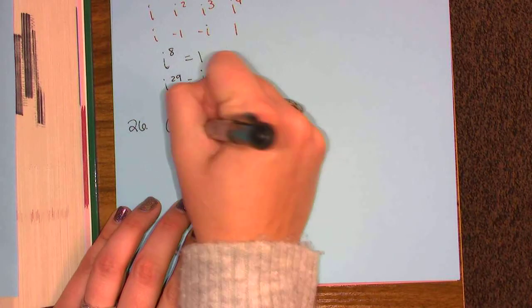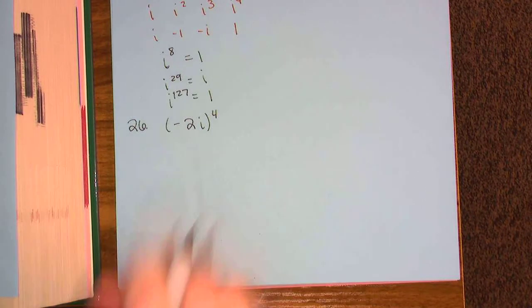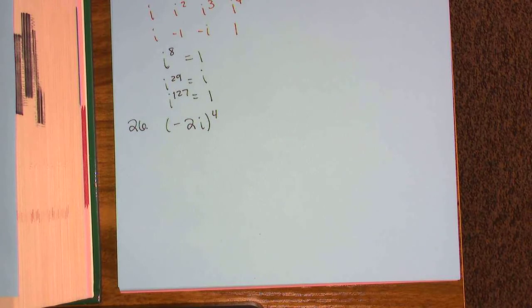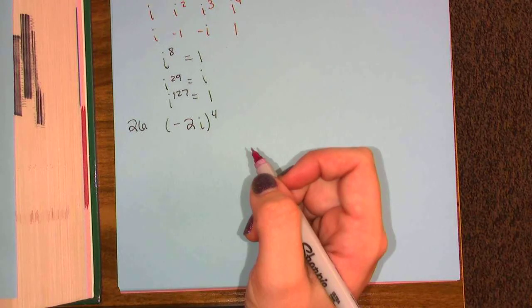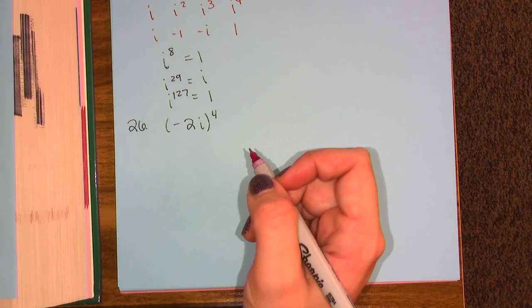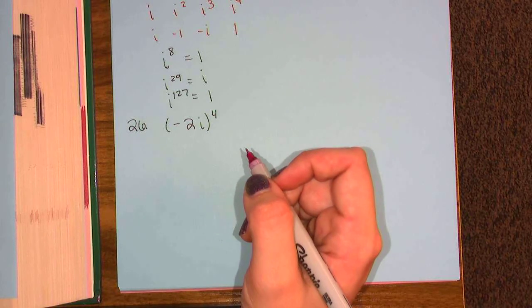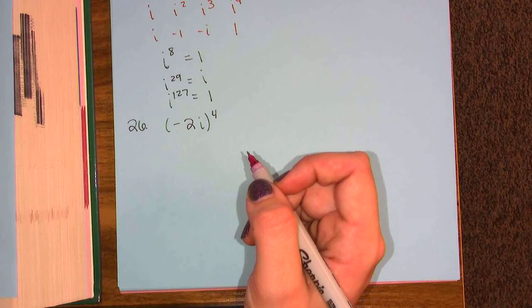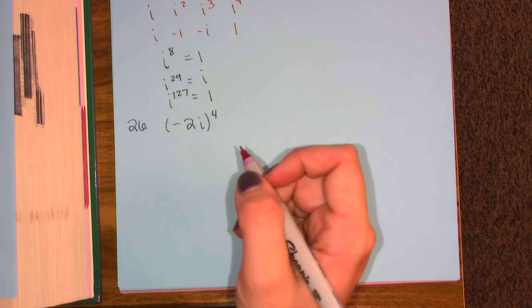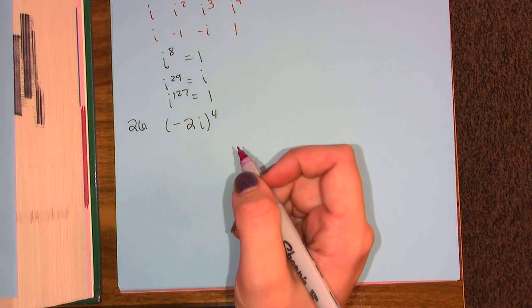Negative 2I to the 4th. Not times 4. Yeah, but you don't need to do that with this one. You don't need to FOIL because it's just one term.